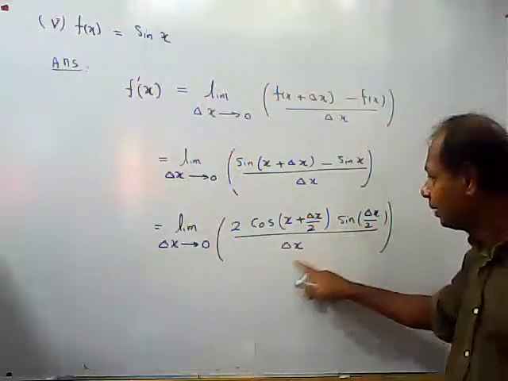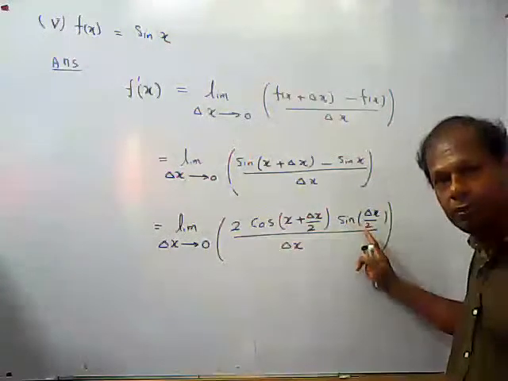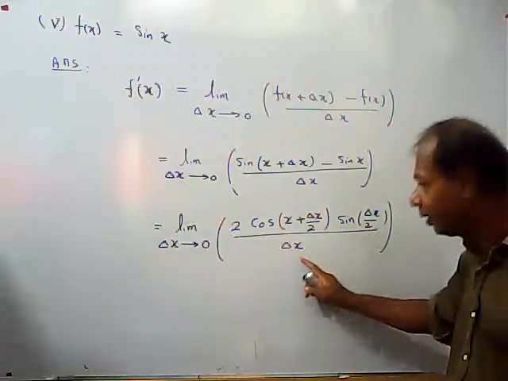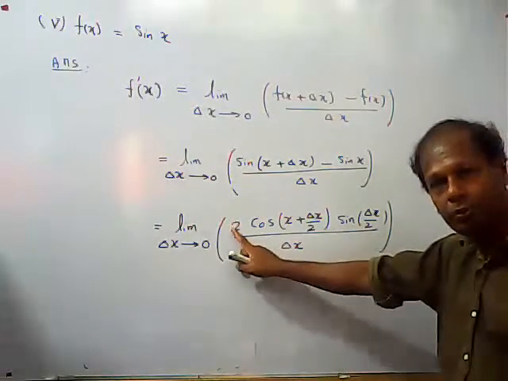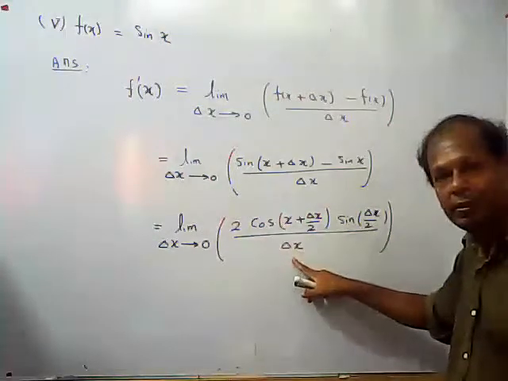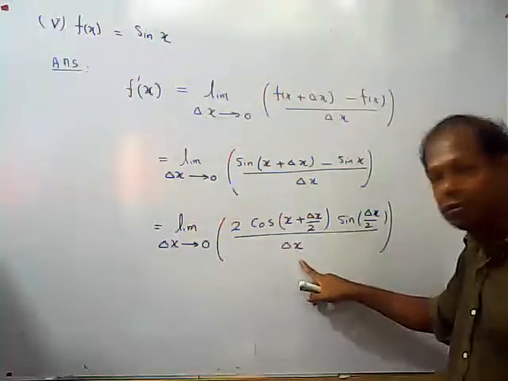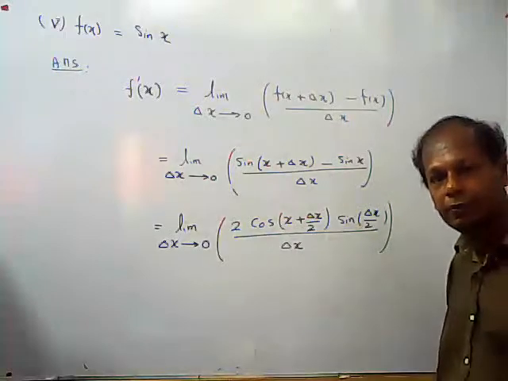But to apply the rule, it's not just delta x we need. If it is sine of delta x over 2, it should be divided by delta x over 2. But here there is a 2 in the numerator, so you can borrow it. You can send it to delta x divided by 2. So you don't need to import it from outside.